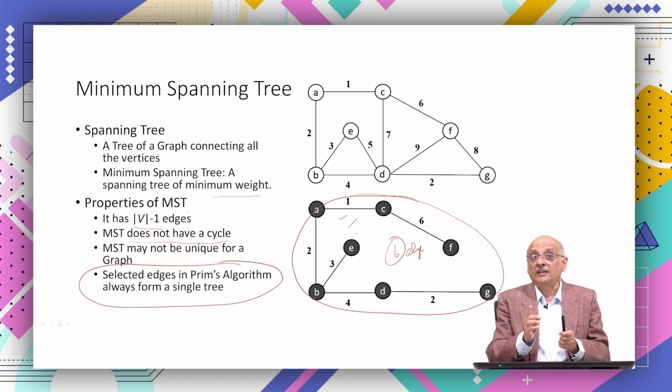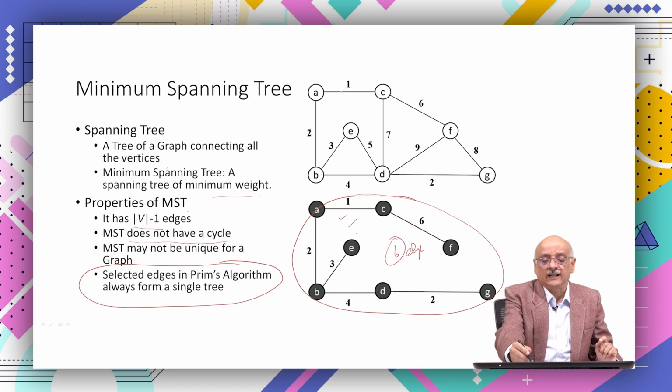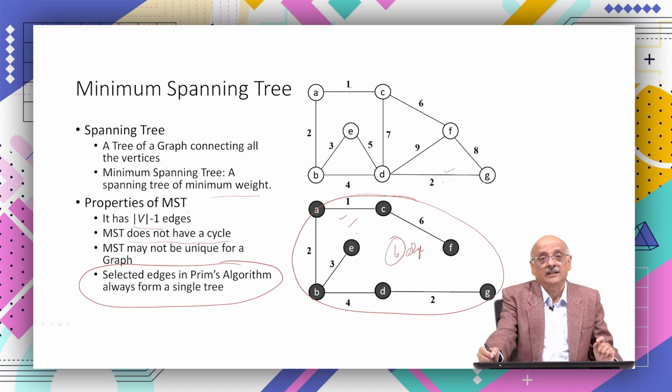In Kruskal's algorithm, if you remember, we started with A to C, and then we selected A to B, these two edges we selected. After that, we selected this particular edge. So, this was one tree, and this was another tree.